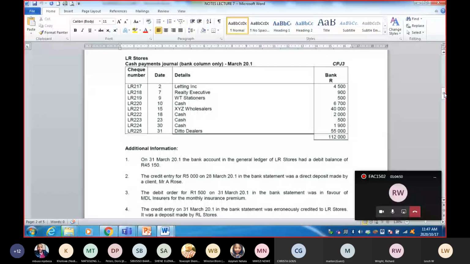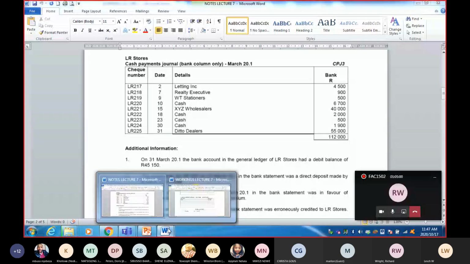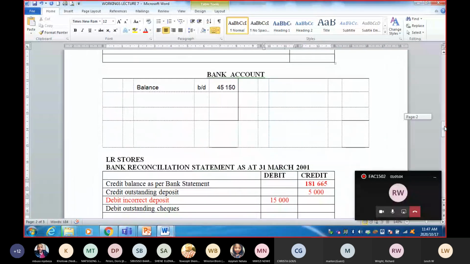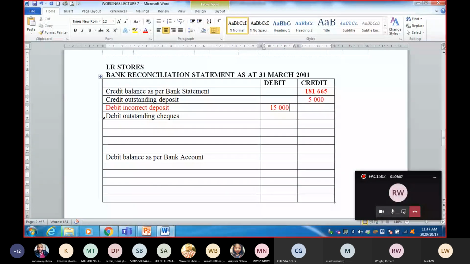So we have now identified four outstanding checks, four checks that appear on our records that are not on the bank statement. Those items we are now going to record in our bank reconciliation statement, under debit outstanding checks. For your outstanding checks, you must indicate the check numbers, because it is possible that the same amount appears twice.